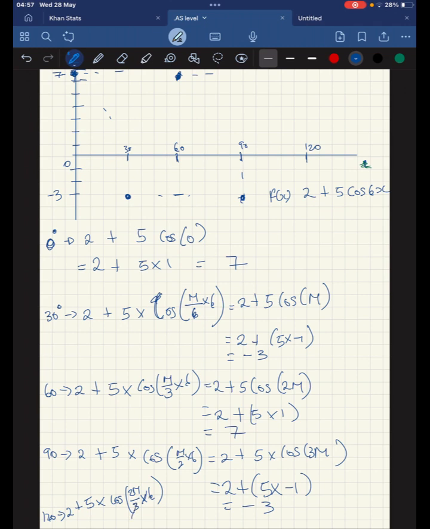That becomes, this goes away, so this goes to 4 and this goes to 2, so it's going to be 4 pi. So it's 2 plus 5 times cos of 4 pi. Remember, 2 pi is 360, so 4 pi is just 720. It doesn't really change. It's still going to be 1, so we're still going to get back to 7, right?